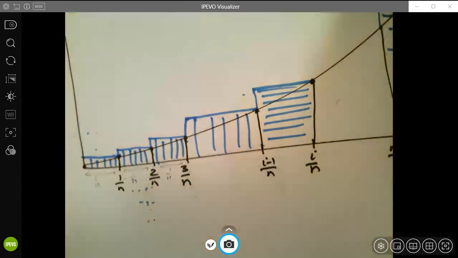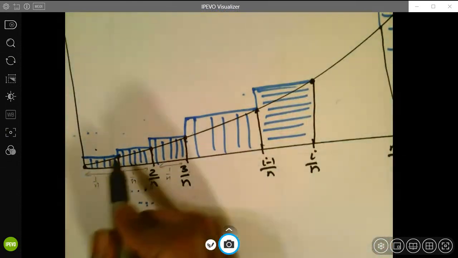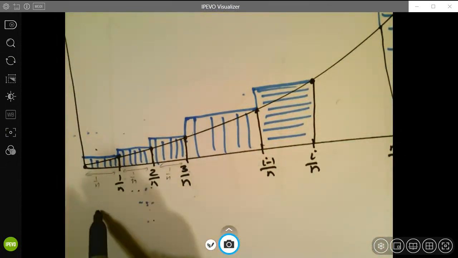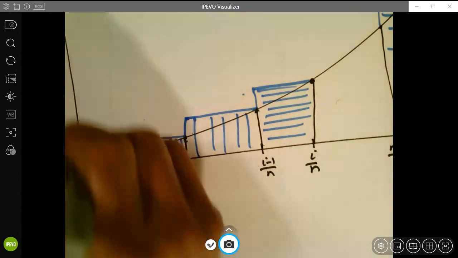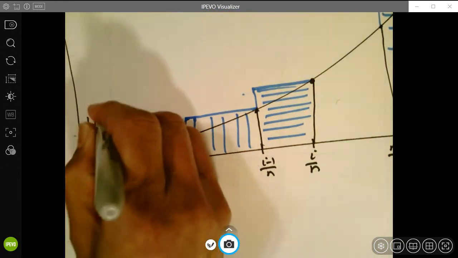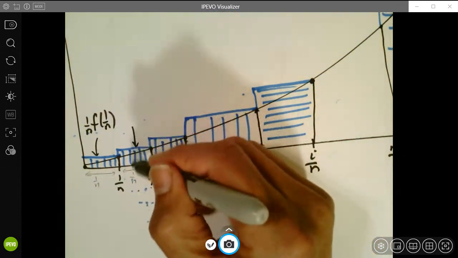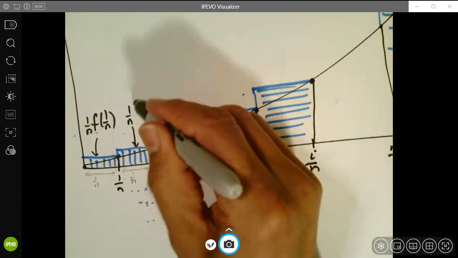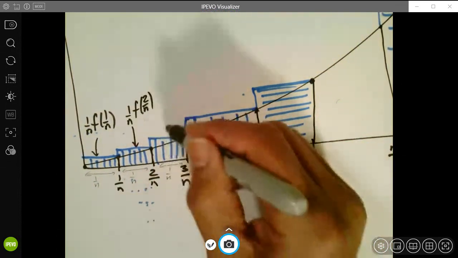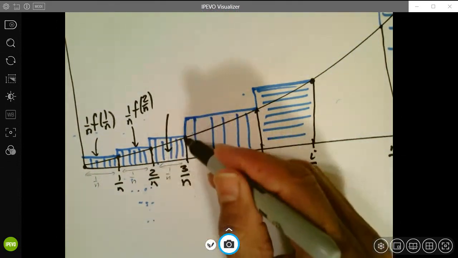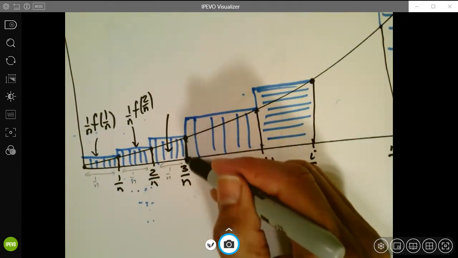So what will I get? The first one will be 1/n, f of 1/n. Second one, this rectangle will be 1/n, f of 2/n. This one will be 1/n, f of 3/n, see?